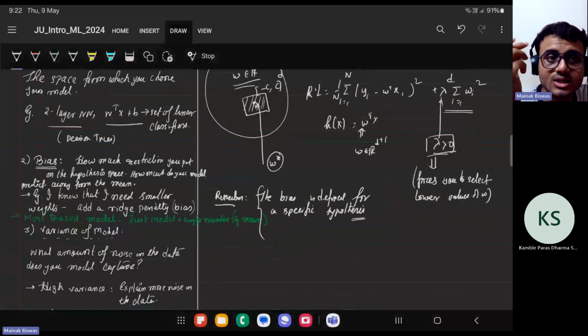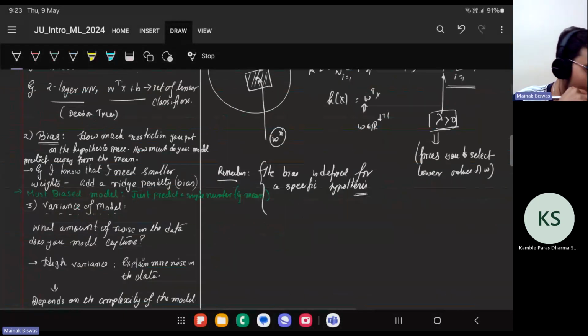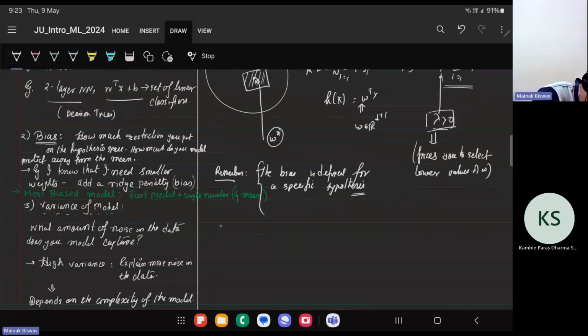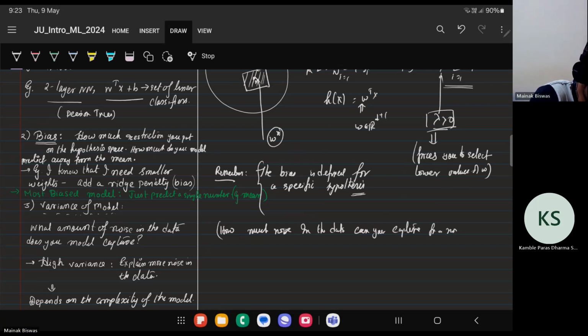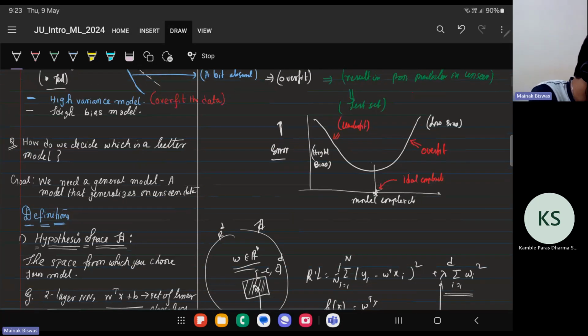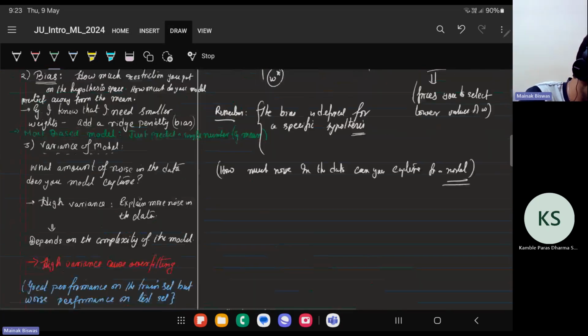On the other hand, what is variance? Variance is defined as how much noise in the data you can capture for a model. Again, for a particular set of hypotheses, this is where you will get high variance, right? We saw overfitting. Wherever overfitting happens, how much noise in the data can you capture?